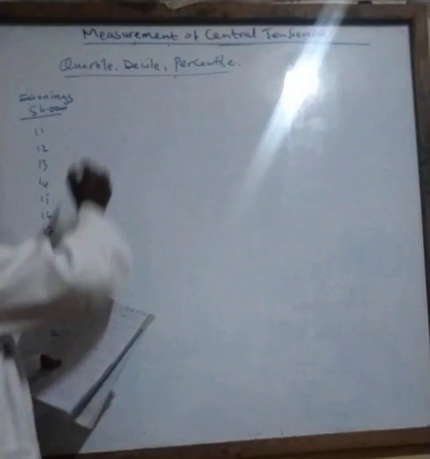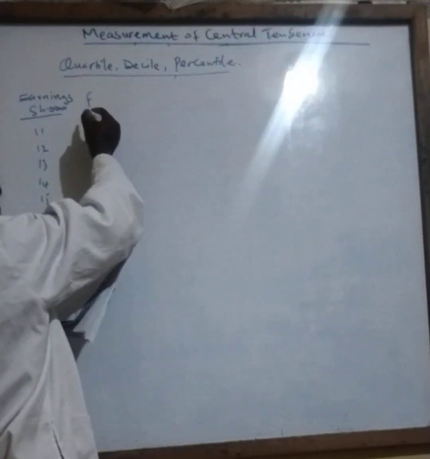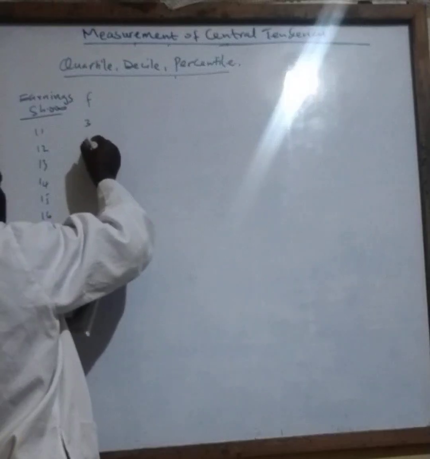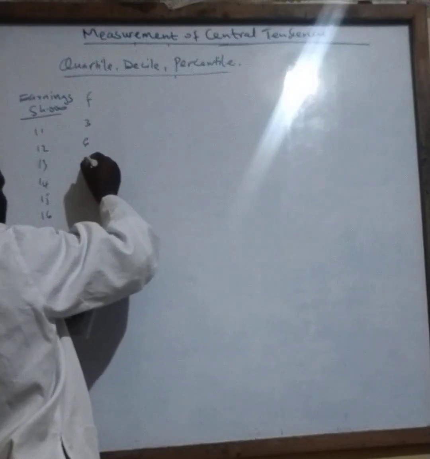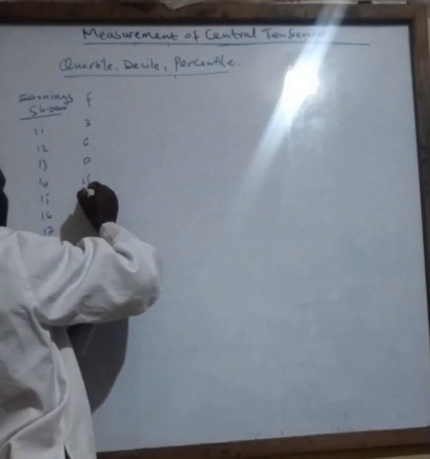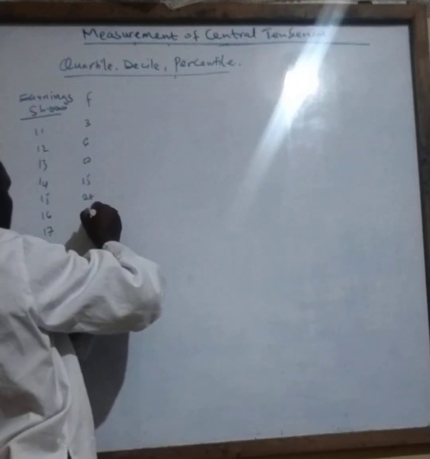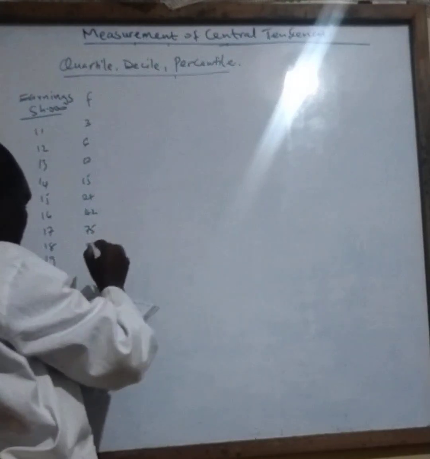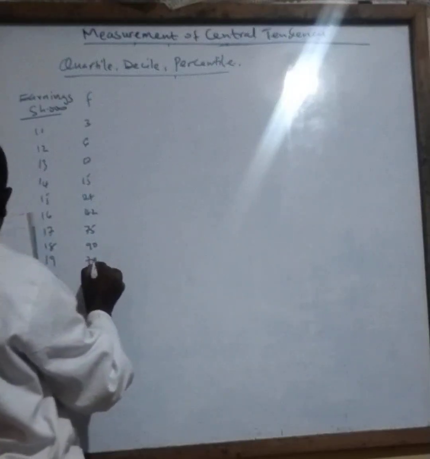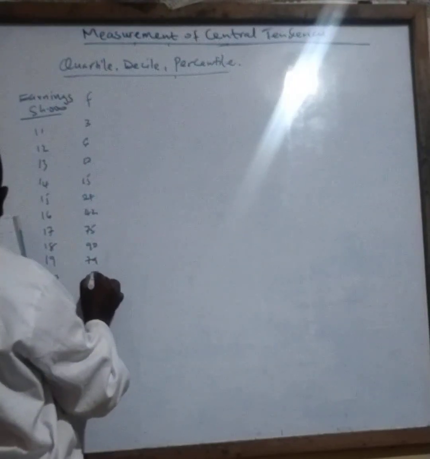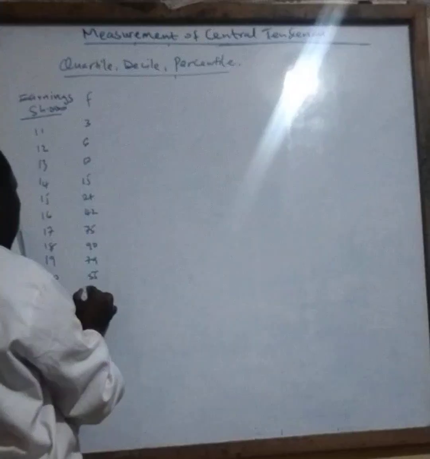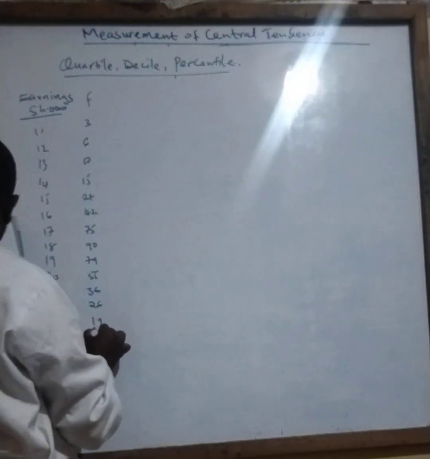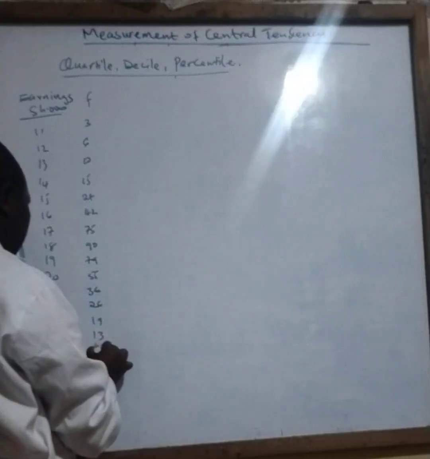Then we have the frequency here. We have been given 3, 6, 10, 15, 24, 42, 75, 90, 79, 55, 36, 26, 19, 13, and 17.